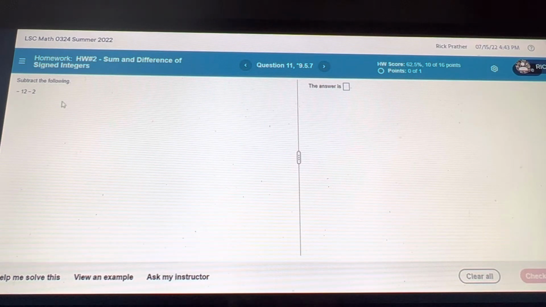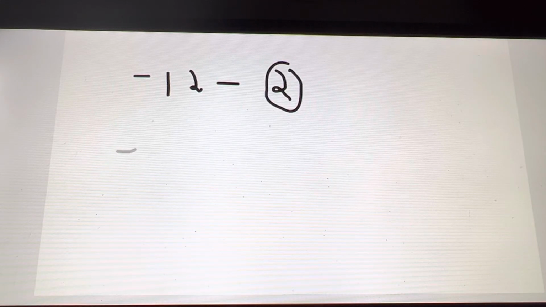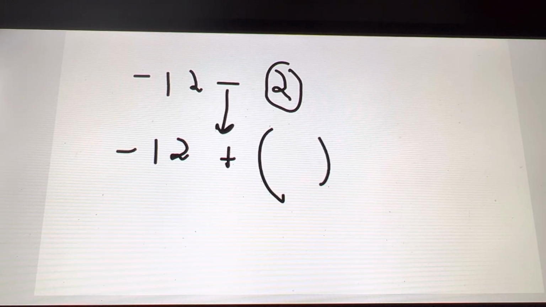So now they want you to do it. So think of negative 12 minus 2. So you can change this minus to a plus, because it's easier to add things, if you do the opposite of 2 and put a negative 2 here. Adding the opposite is subtracting.